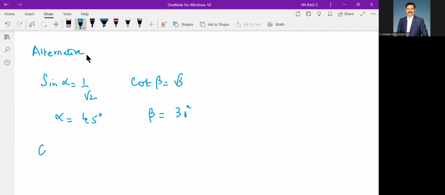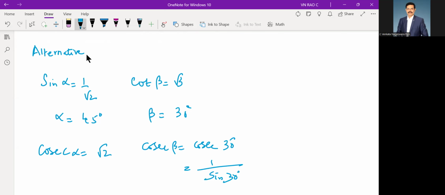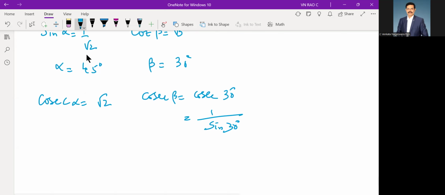Now I have to find cosecant alpha. Very simple, cosecant alpha is the reciprocal, I don't have to look at anything. And cosecant beta will become cosecant 30 degrees, which is 1 by sine 30 degrees, simply 1 by 1 by 2.